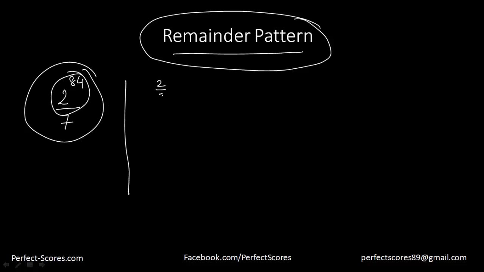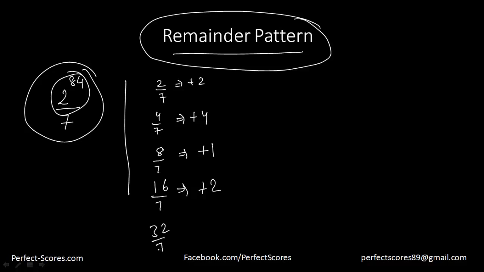See this. 2 divided by 7, what is the remainder? Plus 2. 4 divided by 7, what is the remainder? Plus 4. 8 divided by 7, what is the remainder? Plus 1. 16 divided by 7, what is the remainder? Plus 2. 32 divided by 7, what is the remainder? Plus 4. Can you see a pattern emerging?